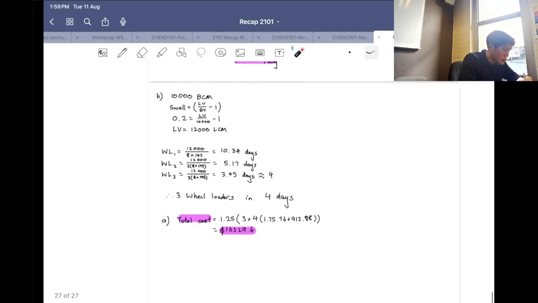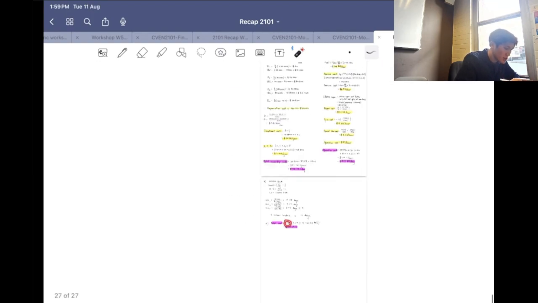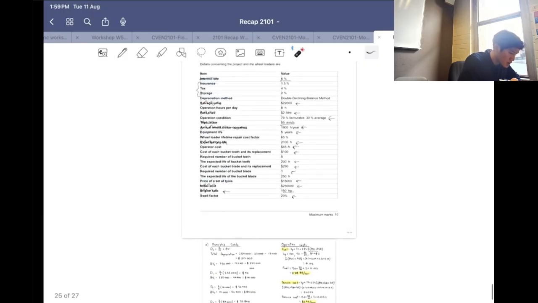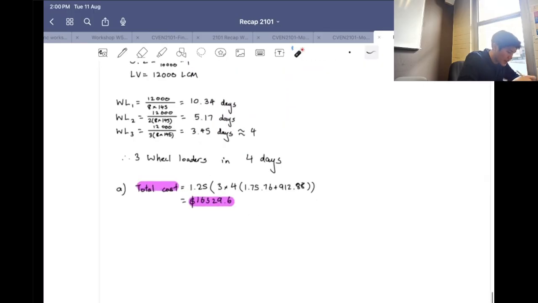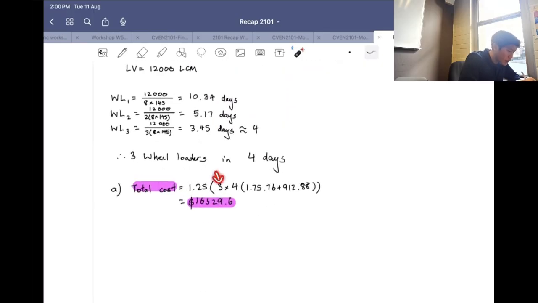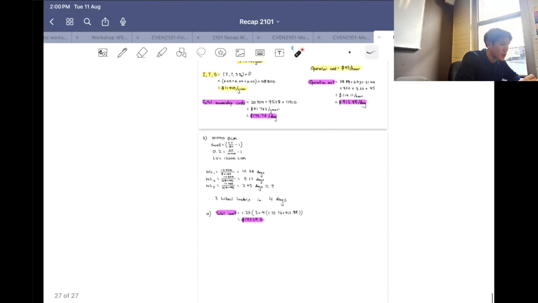Your total cost will be the overhead, which is given in the question, 25%, times the number of wheel loaders times the number of days, times the operation and ownership costs per day. That gives you your total cost for the entire operation, because it spans 4 days, 3 wheel loaders, with an overhead factor of 1.25 times the total ownership and operation costs.